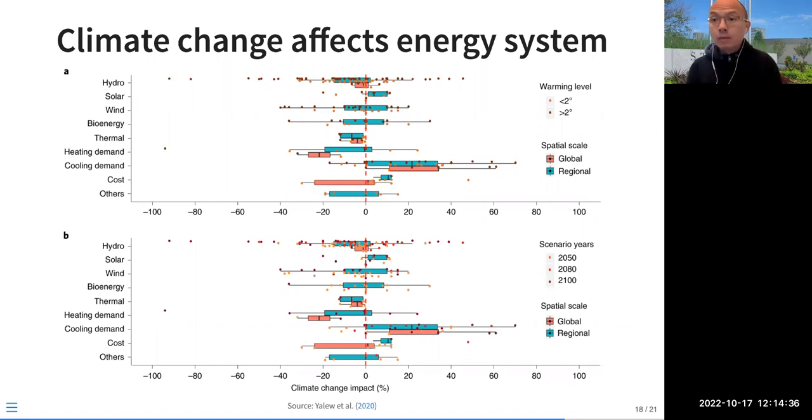So a warming climate also adds more costs on cooling, which reduces efficiency, and it also impacts the availability and distribution of solar, wind, and other renewable sources. So this chart summarizes how the different climate scenarios would impact our energy system, and it's not always good news. And overall, it adds to the cost.